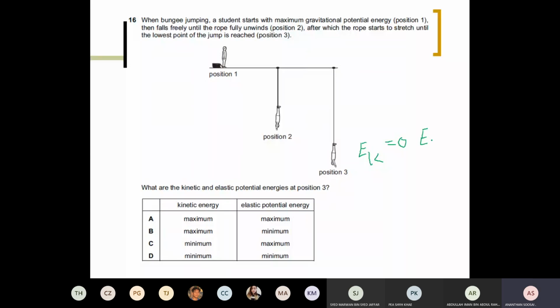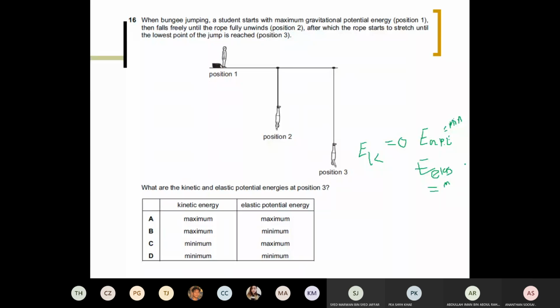The gravitational potential energy should be the minimum. All changed to elastic potential energy. Elastic potential energy should be maximum.